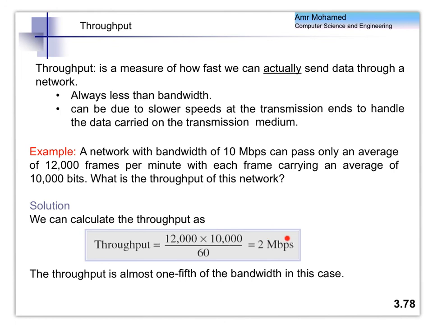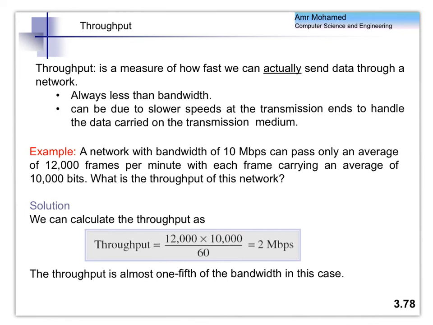When we divide by 60, the actual bit rate that you can get is 2 megabits per second, which is significantly less than the 10 megabits per second. So the 2 megabits per second is 1/5 the bandwidth. And that's typically what you can get in reality. So the overhead and the reduction in the throughput compared to the bandwidth is sometimes 80% or 70%.